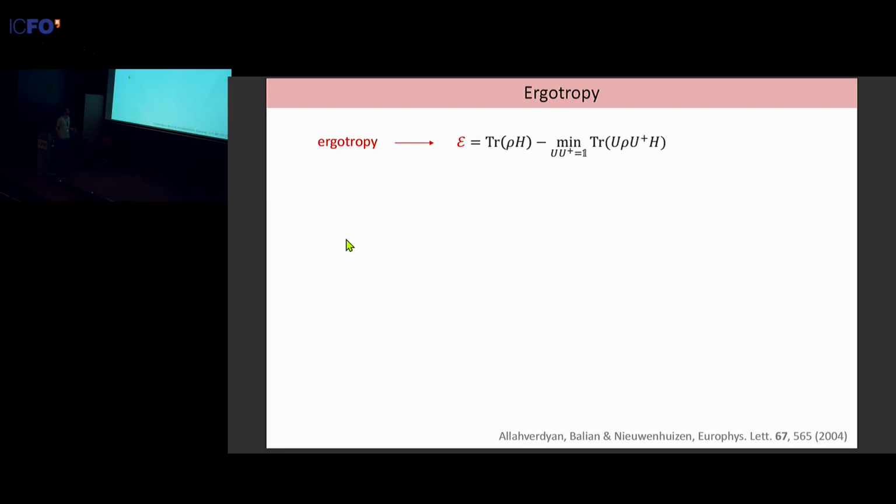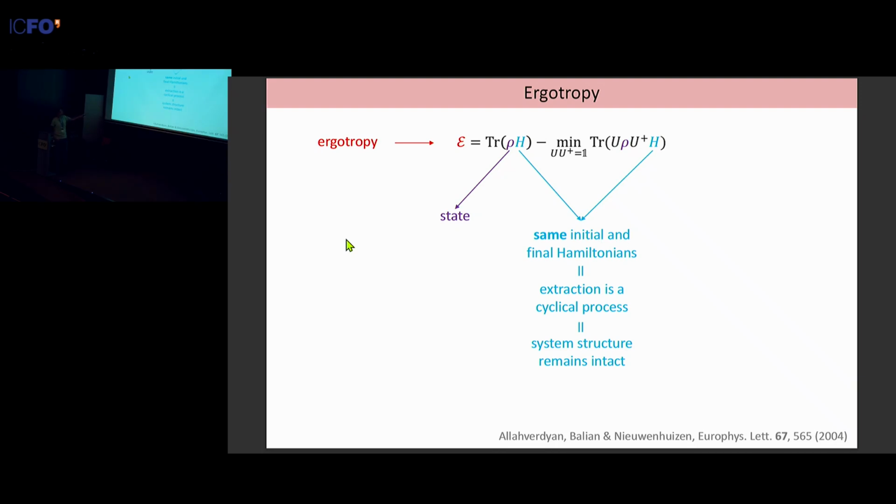First of all, let me remind you what ergotropy is, and if anyone doesn't know, it will be a quick introduction. Ergotropy is this quantity, epsilon, which is the maximal amount of work that you can extract from a system by doing unitaries. This is the initial energy, this is the initial state, and H is the Hamiltonian.